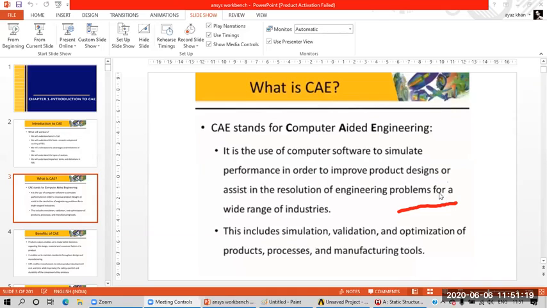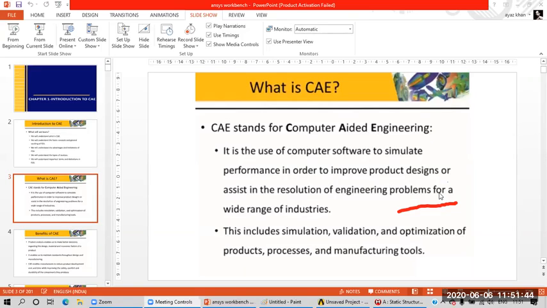But for the crash testing in any car industry, they have to make an actual model. Why? Because it is completely dependent upon human life. So they have to make an actual model.